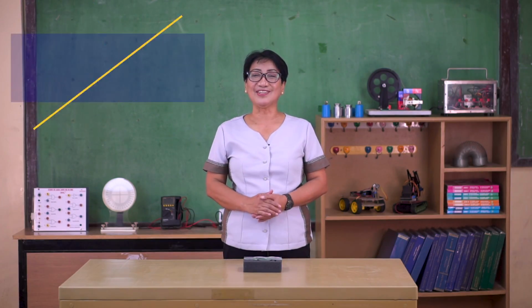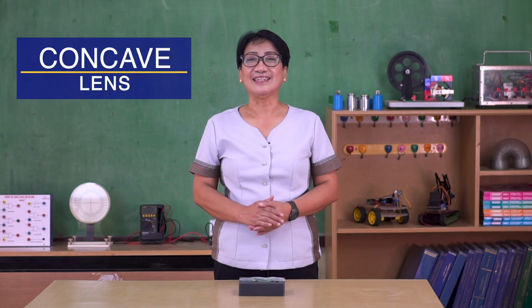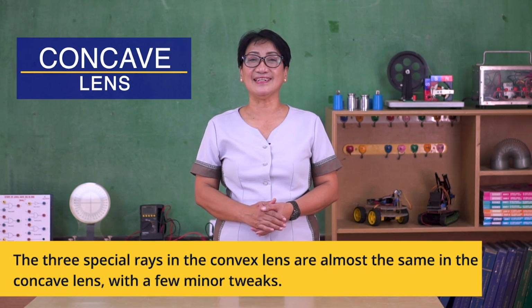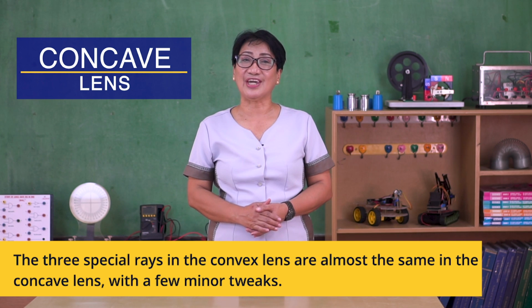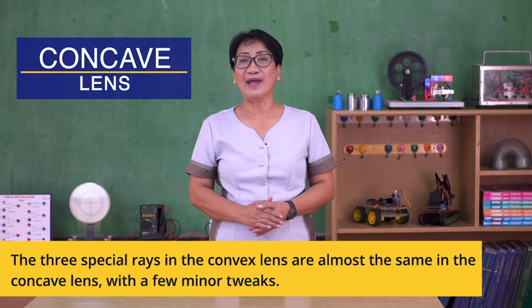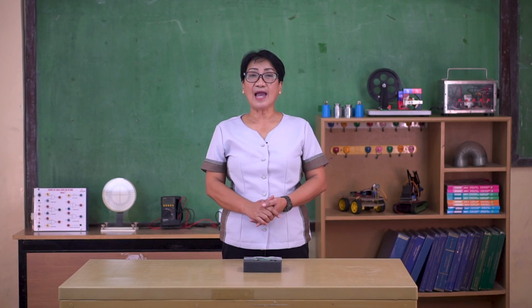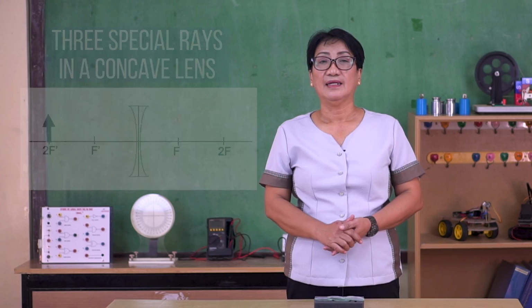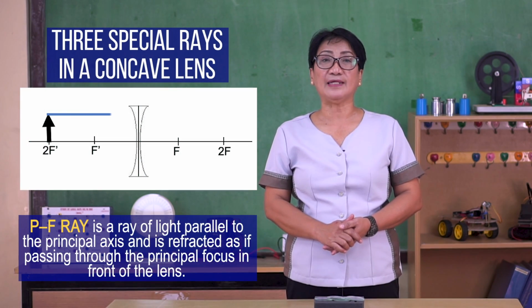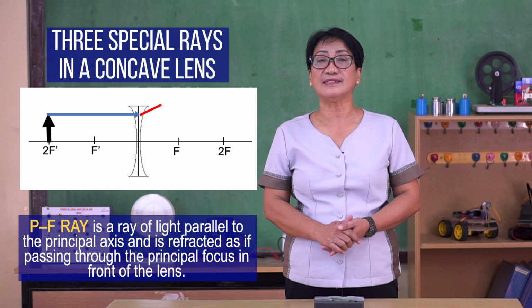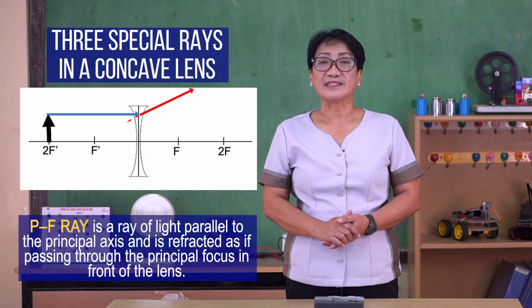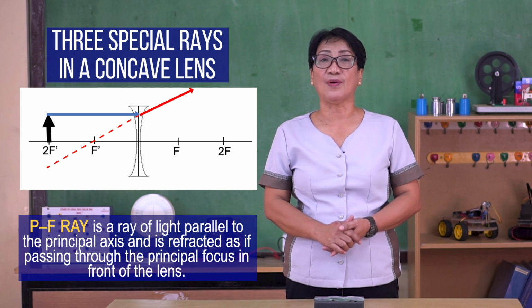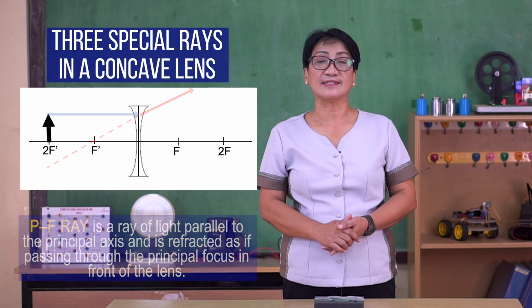Let's move on to the concave lens. The three special rays in the convex lens are almost the same in the concave lens, with a few minor tweaks. This is how you will draw these rays in a concave lens. The PF ray is a ray of light parallel to the principal axis and is refracted as if passing through the principal focus in front of the lens.